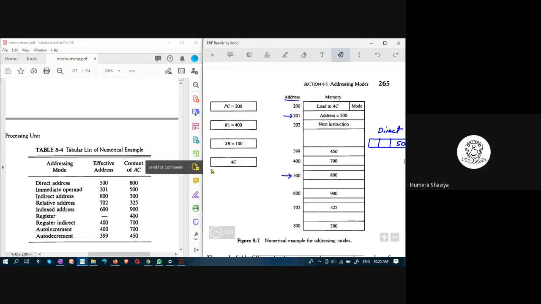Try to understand, students. Here we are trying to look at a numerical example of addressing modes. In implied mode, where is the address? Can anyone tell me where is the address in implied mode? Can anyone tell me where is the address in immediate mode?